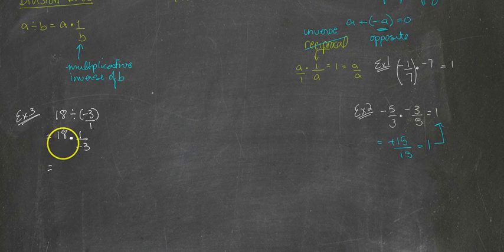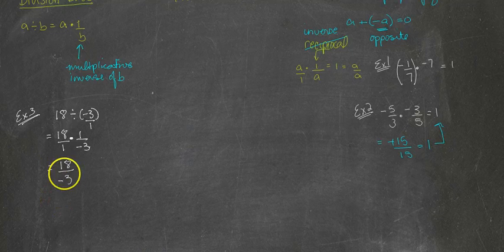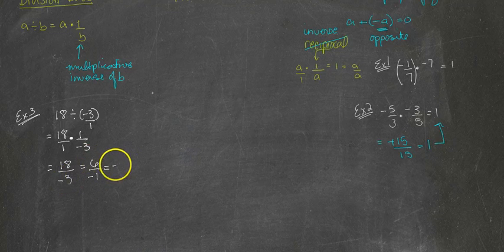Now multiply across. 18 times 1 is 18, divided by 1 times negative 3, 18 over negative 3. Now I can reduce. 18 divided by 3 leaves 6. Negative 3 divided by 3 leaves negative 1, which means negative 6 is my outcome.